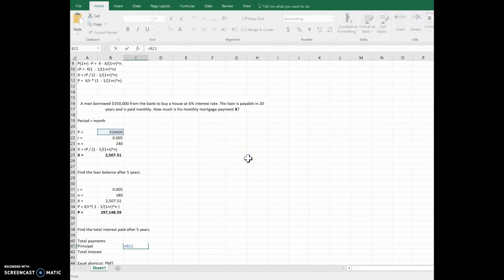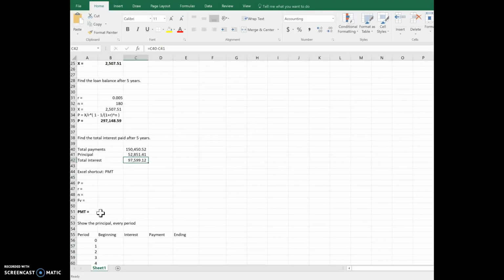The initial loan is $350,000, and the balance after 5 years is $297,000, so the principal payments he made is only $52,000. So for the first 5 years, he had been paying $97,000 of interest in total.